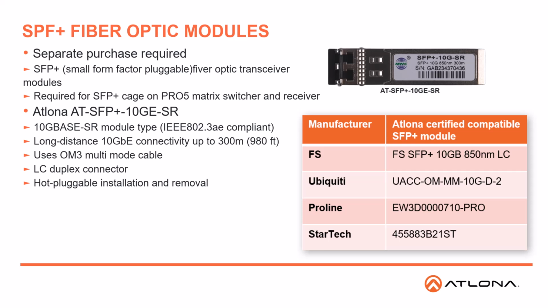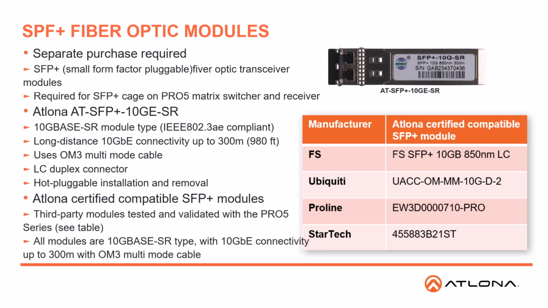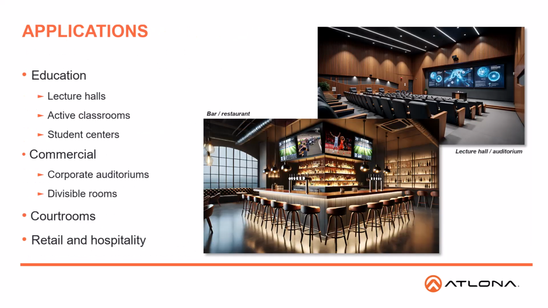OM3 fiber is commonly used in fiber optic applications, and transmission distances to 300 meters are typical. Additionally, there are several third-party SFP+ modules tested and validated for use with the Pro5 series. They are for OM3 multimode cable with 10 gig connectivity up to 300 meters. For other fiber types and distance requirements, other third-party SFP+ modules can be used.